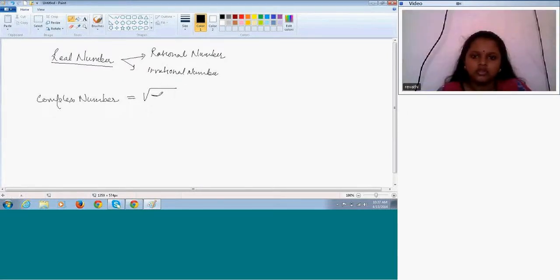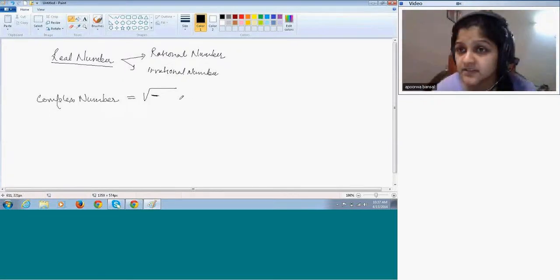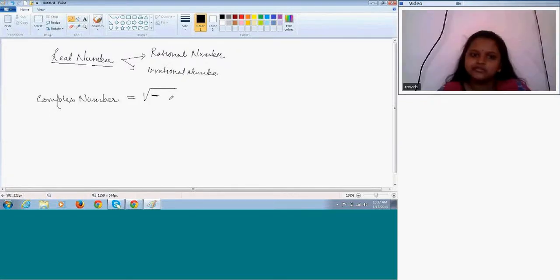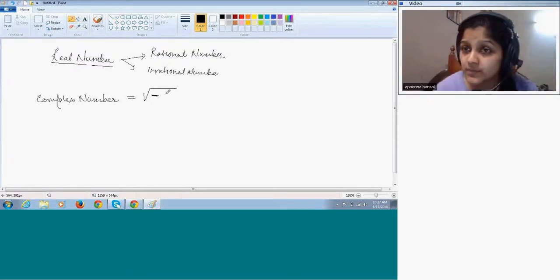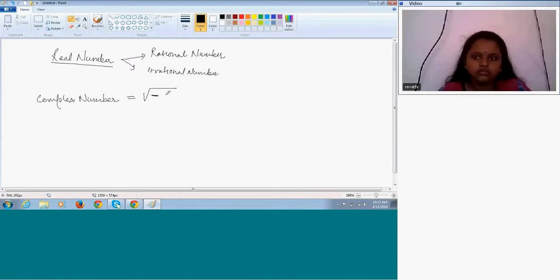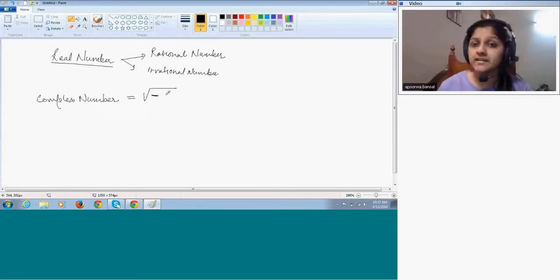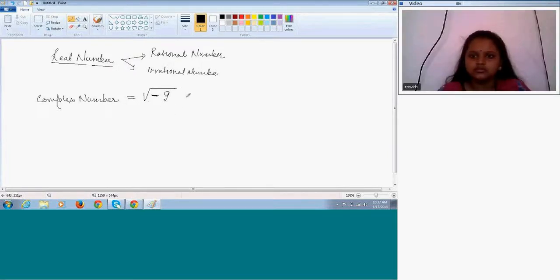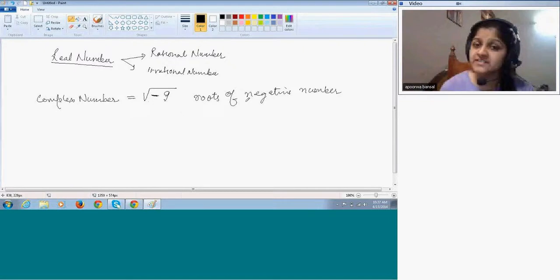So if I write -9 under root, it's a complex number. Okay? Root of a negative. If it is a negative and we have taken a root of it, that's a complex number.